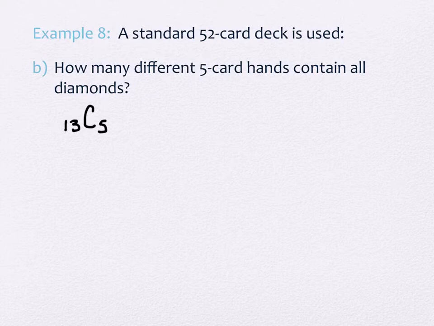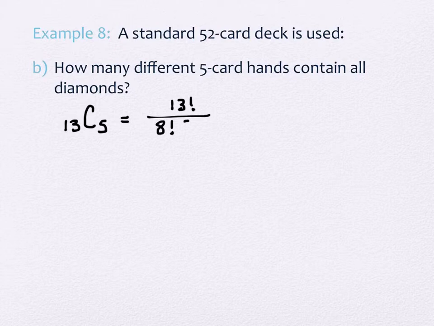So the only thing that's different is how many I have to choose from if I really want all of them to be diamonds. Okay, so this is 13 factorial on top. I have 13 minus 5, which is 8. So I have 8 factorial on bottom. And then I also have 5 factorial on bottom because it is a combination.